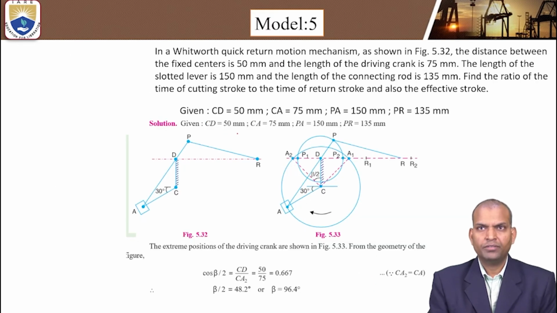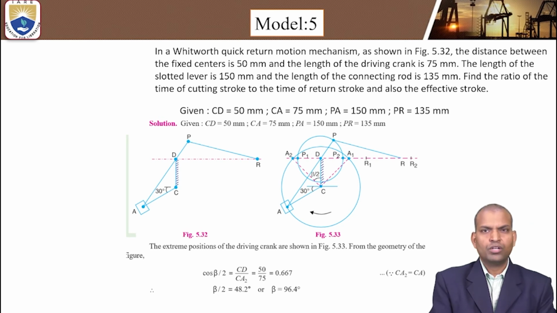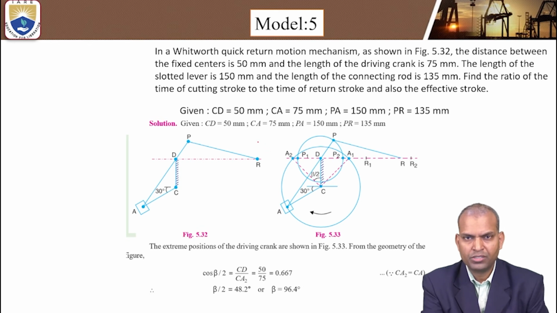Now module 5. This module 5 is the Whitworth quick return motion mechanism. So far, before this, module 4 was based on the crank and slotted lever mechanism. Don't get confused, this is the Whitworth quick return motion mechanism.